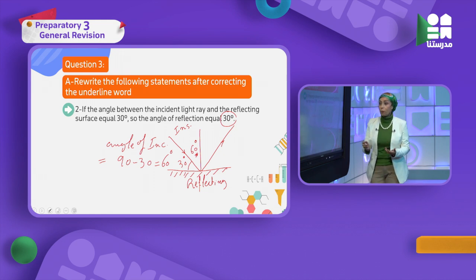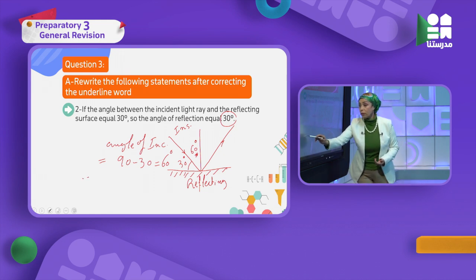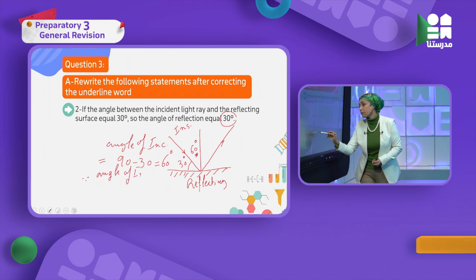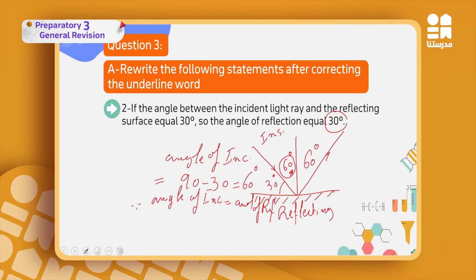Now I have a rule: angle of incidence equals angle of reflection. So the angle of reflection is 60.